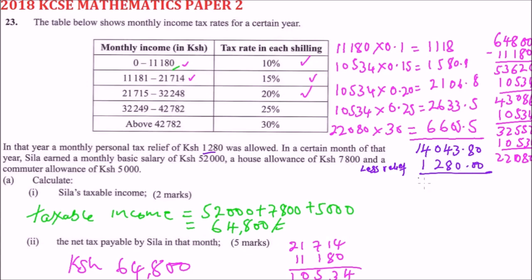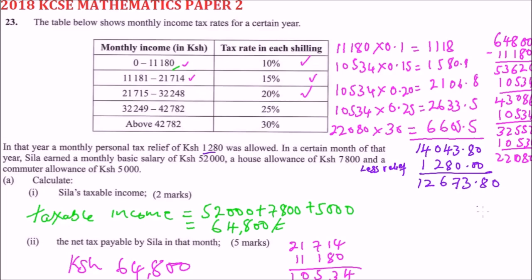So we get, using your calculator, 12,763.80. So that is the tax that Sarah was to pay that month.